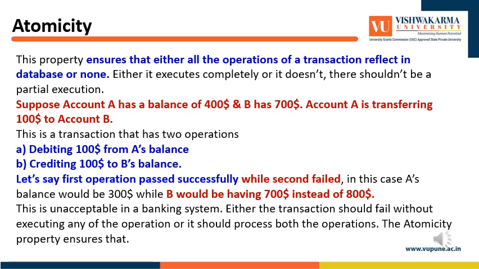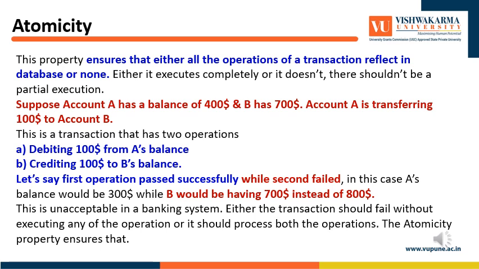Suppose account A has a balance of $400 and B has a balance of $700. Account A is transferring $100 to account B. This is a transaction that has two operations, debiting $100 from A's balance and crediting $100 to B's balance.